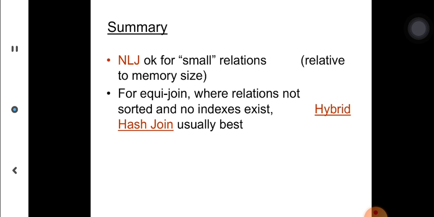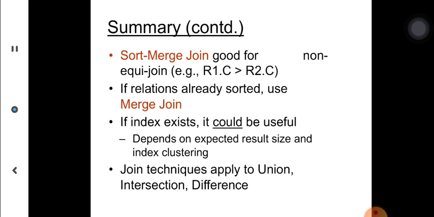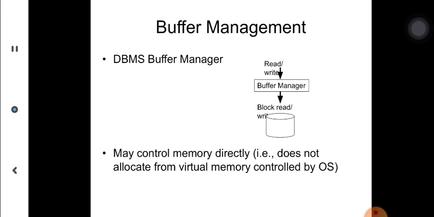So the summary is that nested loop joins are better for small relations. For equi-join, however, if relations are not sorted and no index exists, hash join is usually best. Sort merge join, SMJ as we sometimes say, is good for equi-join. If a relation is already sorted, use merge join, because you don't have to sort it. If an index exists, it could be useful for operations, and join depends on this.